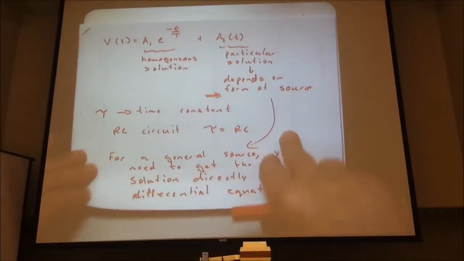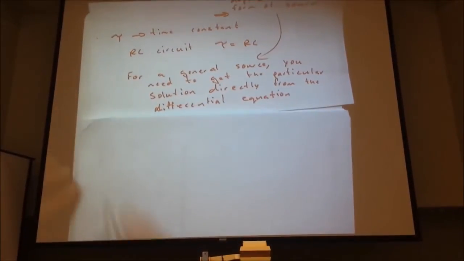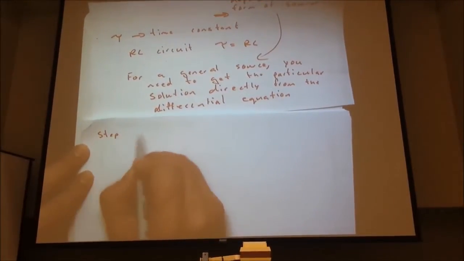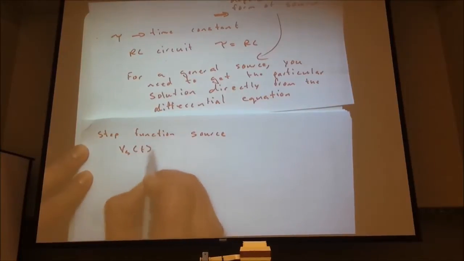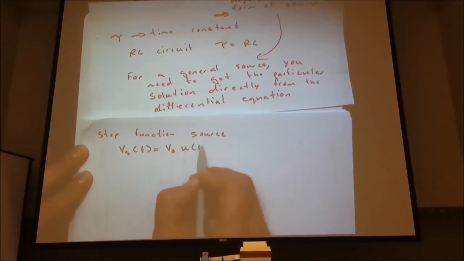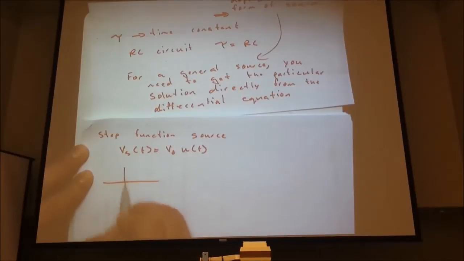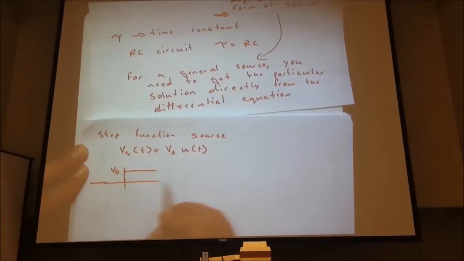So our simplest source in some sense, and one we do look at quite a bit, is our step function source, where S of t equals some V naught U of t. And that looks something like V naught, and that's the source of t, and t, of course. So that's our step function.